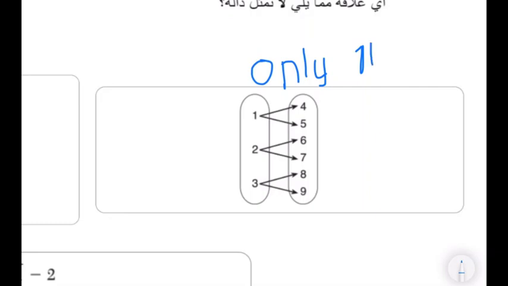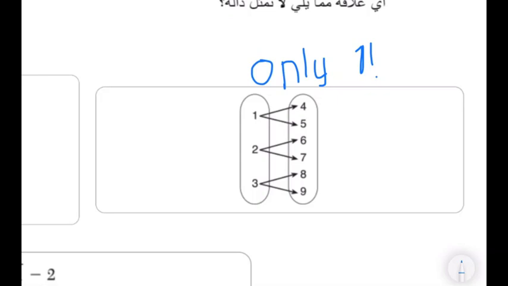This is very important. Only one. So 1 corresponds to 4 and 5, so it is not a function. But if we wanted to make this a function, then 1 would only correspond to exactly one y value.